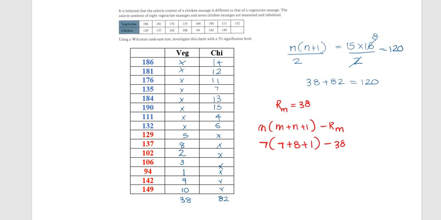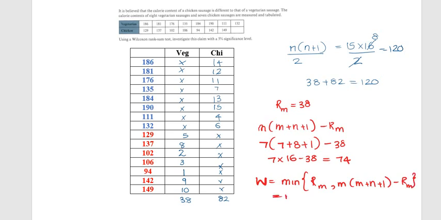So this answer is 7 into 16 minus 38, which is 74. Therefore our test statistic would be the minimum of Rm and the quantity m into m plus n plus 1 minus Rm, which we calculated just now. So it is the minimum of 38 and 74. Therefore the test statistic is 38.